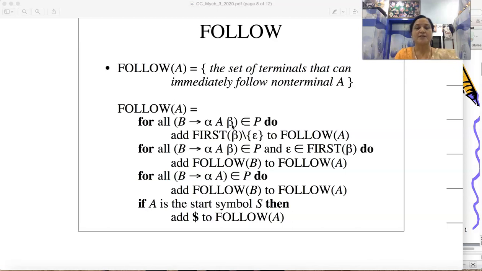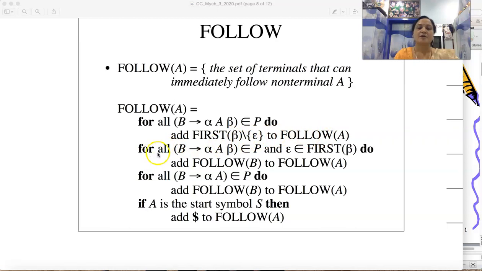Another important thing is that beta can derive epsilon. If beta is deriving epsilon, then we have to take first of beta minus epsilon, because epsilon doesn't have any meaning as something following A. So add first of beta except epsilon to follow of A.